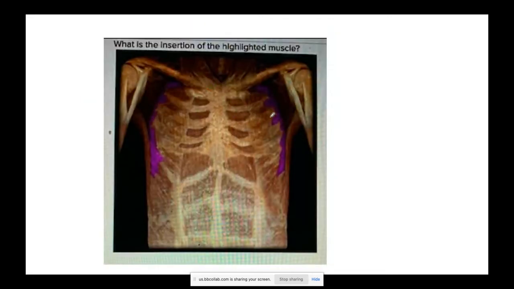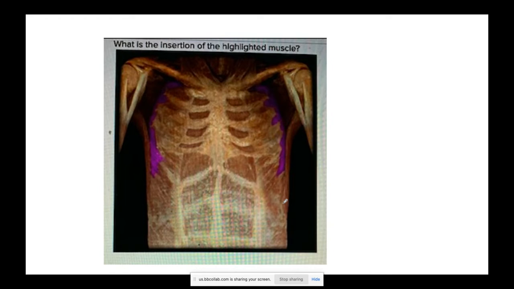Okay, this one is the serratus anterior because we're looking at it from the front. You can see the rectus abdominis. We see the purple going to the ribs, but this is a muscle that originates on the posterior side. So if you were to see the choices, it would have been like latissimus dorsi, rhomboid major, pectoralis, or serratus anterior. It's the serratus anterior.